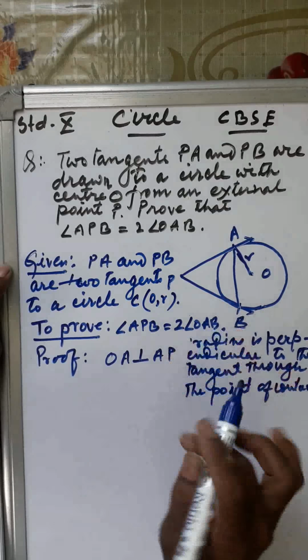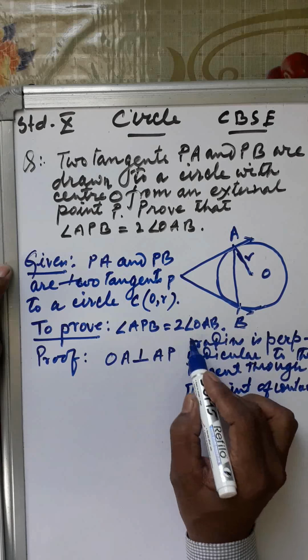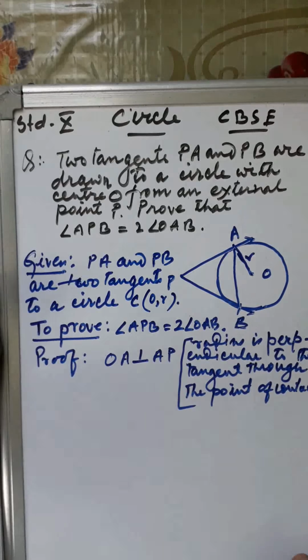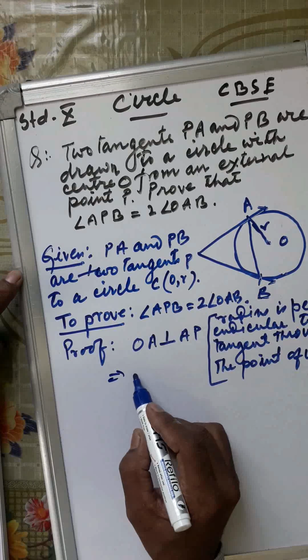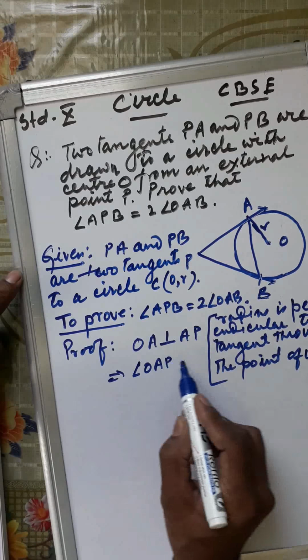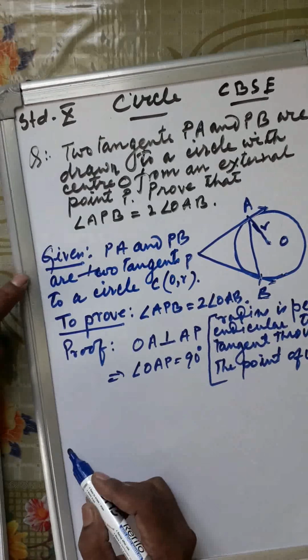So this is your theorem. We have used it here. This means that angle OAP is equal to 90 degrees.